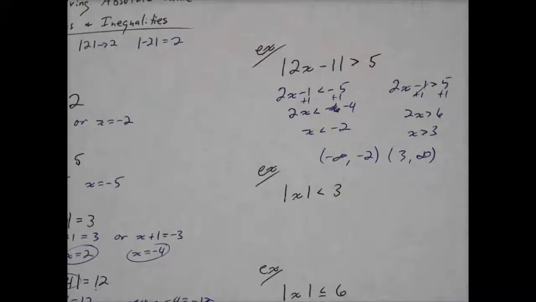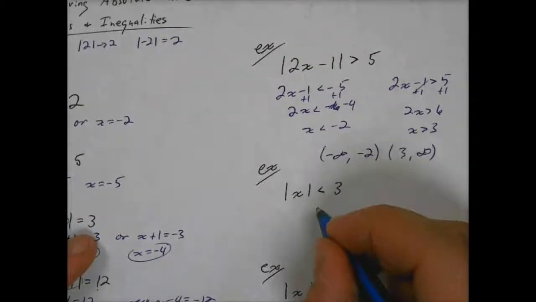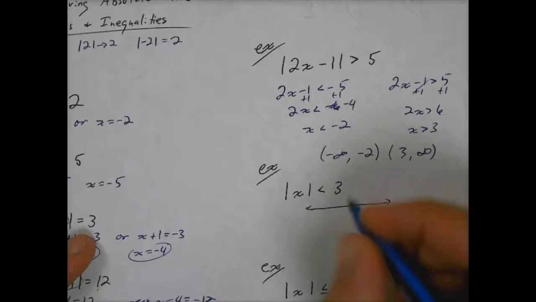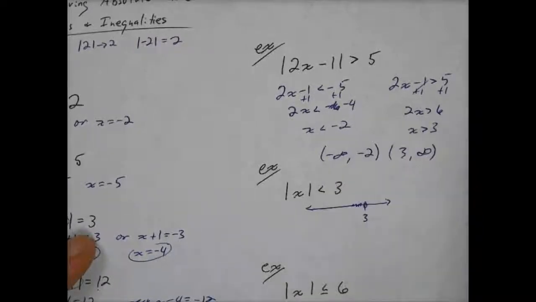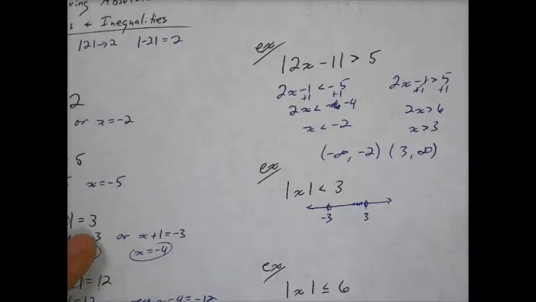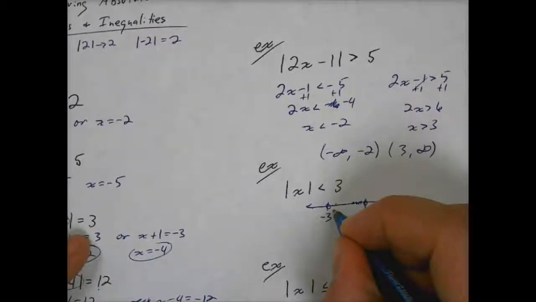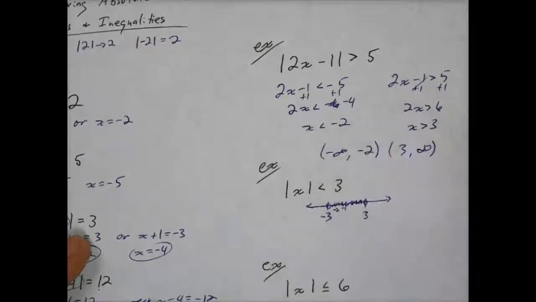All right, so now notice our sign has switched. It now says the absolute value of x is less than 3. So if I think about this on a number line, the absolute value of x is less than 3. Well, I have 3. I need the numbers less than that. Absolute value, so I also choose negative 3. And I need the absolute value to be less than 3. So I would need something like negative 2 or negative 1. So it's anything between negative 3 and 3.